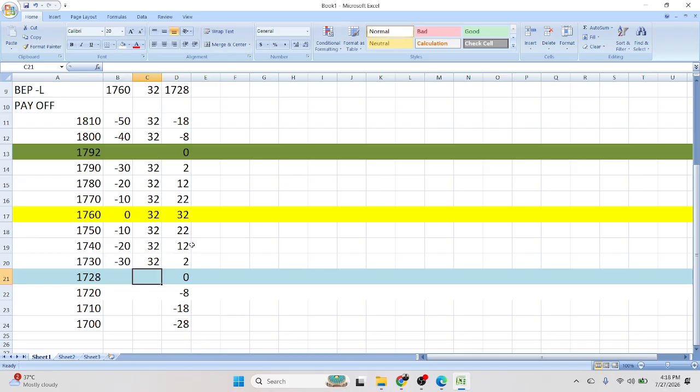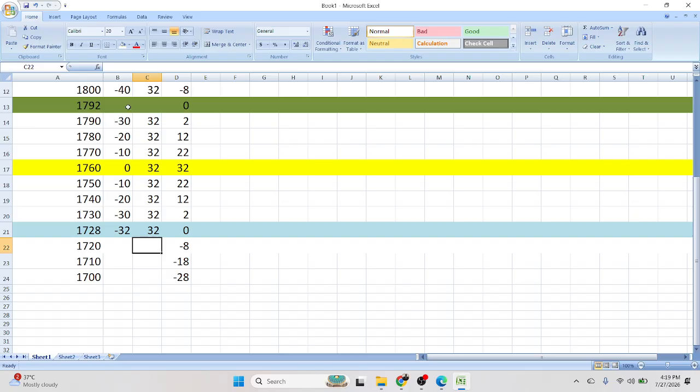And there would be the 32 points loss with the 32 points profit. So it would be 0. Same, therefore, this is your break-even point. Now here the loss would be 40 points, and we have received the premium of 32 points. So 40 minus 32 equals minus 8.